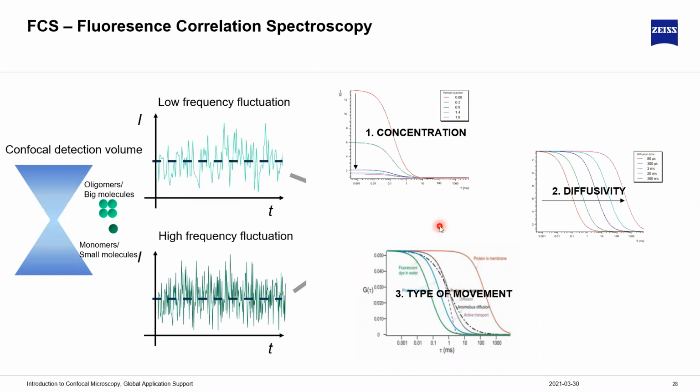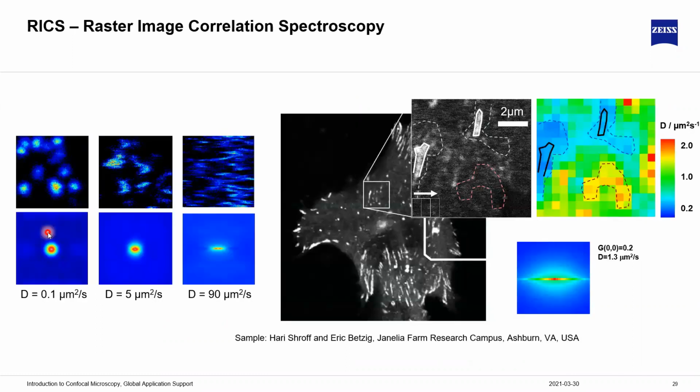So as I said, FCS is a spot technique. If you are more interested in the whole context of the whole cell, let's say, there is another technique that is very similar to FCS. It's called RICS, raster image correlation spectroscopy. And in this technique, what you actually do is you don't correlate the time traces, you correlate pixels.